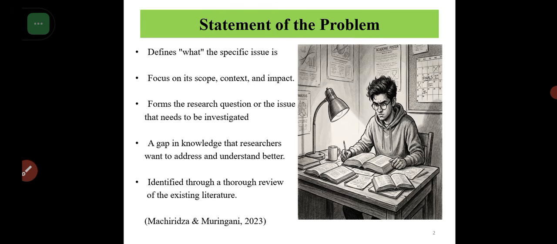We can identify gaps or problems through reviewing existing literature. You'll be able to see what others have done and the areas that have not been done. You need to watch that video so that you will really understand how gaps are identified, because these gaps are problems.